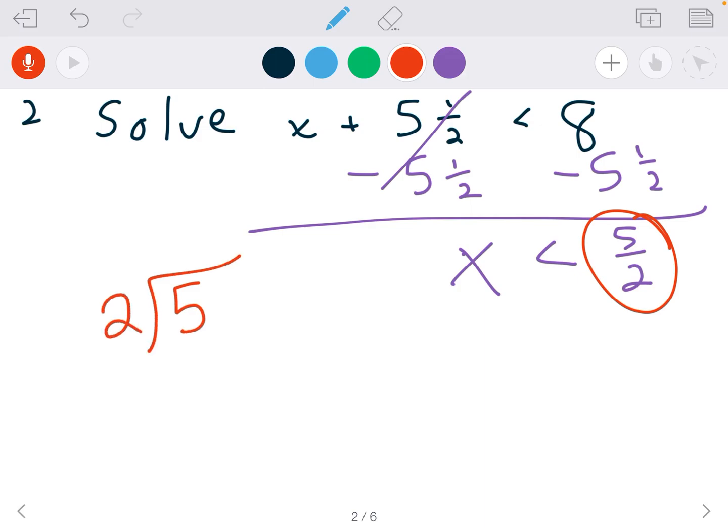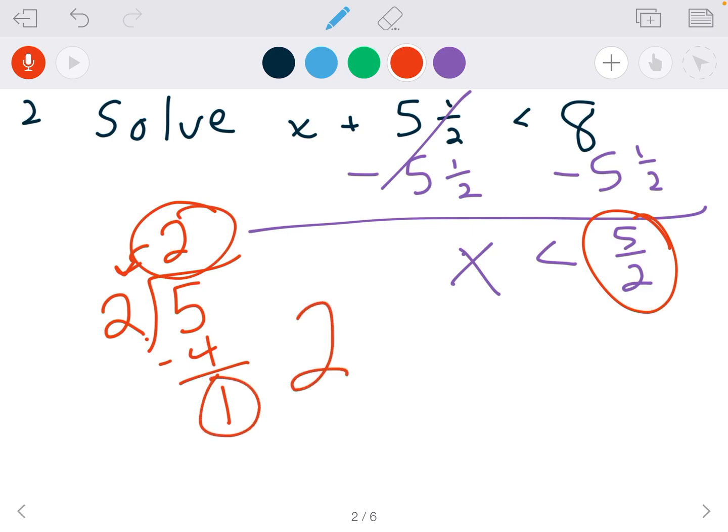Remember, 5 goes inside your division box, 2 outside. 2 goes into 5 2 times. 2 times 2 is 4. So 5 take away 4 is 1. So I take this big number up here, 2, and then 1 is my numerator, and then I keep the same denominator. So the final answer for this question, similar to yours, is x is less than 2 1/2.